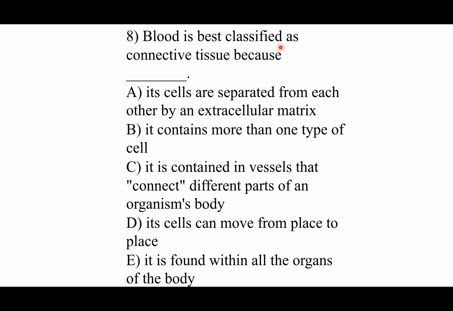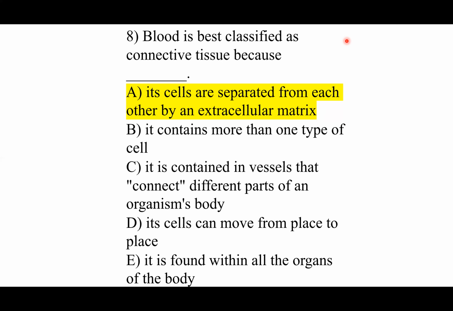Blood is best classified as connective tissue because... the best answer here is A. Its cells are separated from each other by an extracellular matrix. So we're considering in this question why blood is classified as connective tissue.